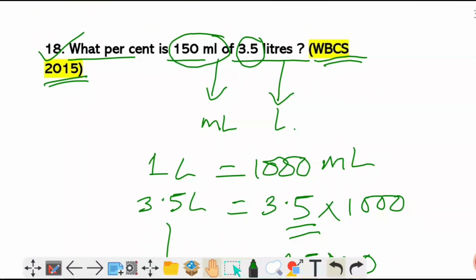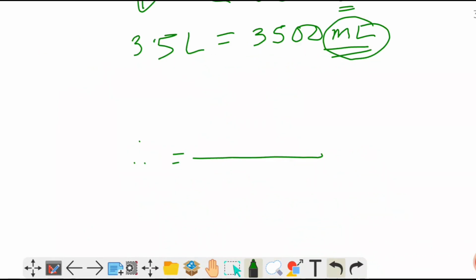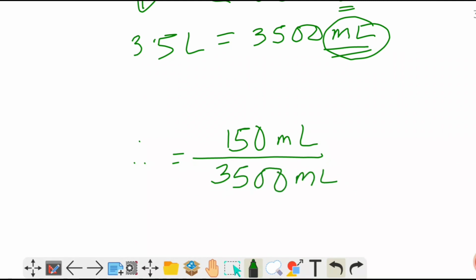So the quantity to be expressed is 150 milliliter divided by 3.5 liters, which has been converted into 3500 milliliters. Here we've got the same unit. Now we'll multiply it by 100%.